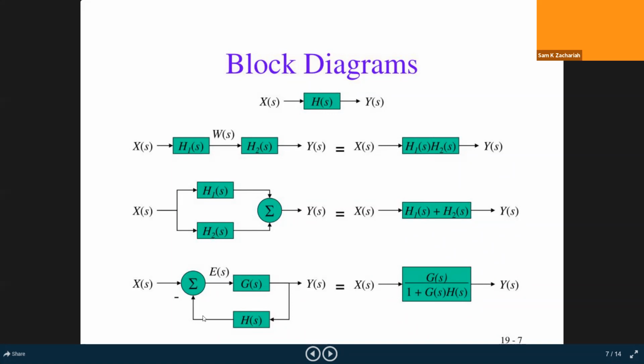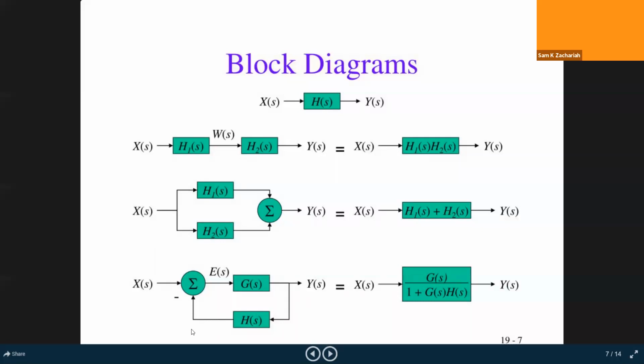Another is the feedback connection. Yesterday we were discussing that. In this condition, this is a very peculiar situation. You know that cause and effect are mixed together. Here you can say that xs is the cause and ys is the effect.